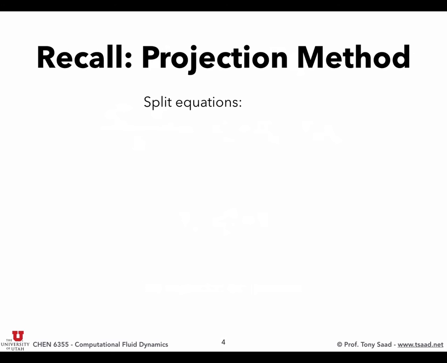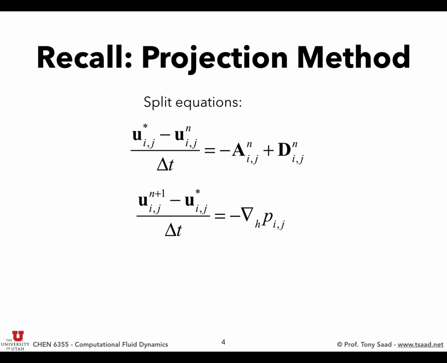Now, recall the projection method, where we split the equations. We solve the Navier-Stokes equations without the pressure gradient, because there's no explicit equation for the pressure. So we take this form, get rid of the pressure gradient, solve for a provisional velocity field called u star, and then we correct u star with the pressure gradient.